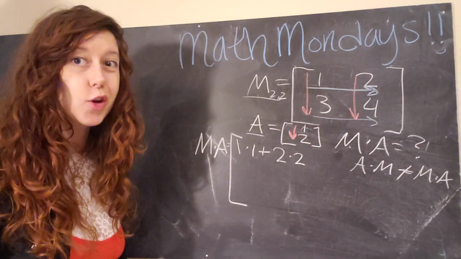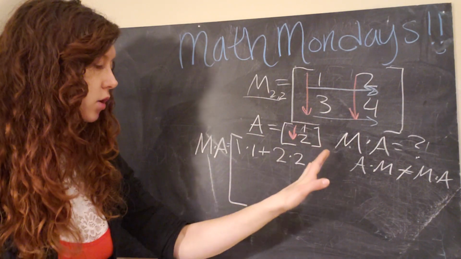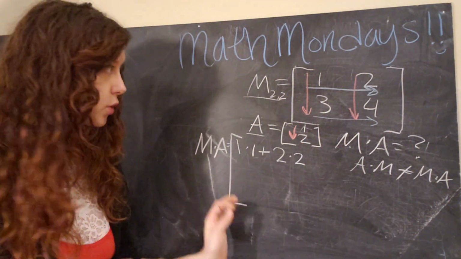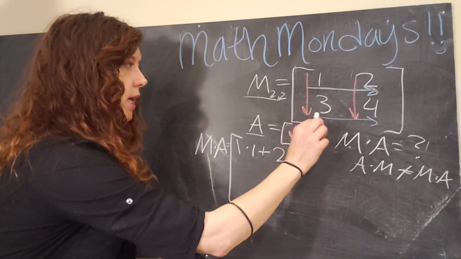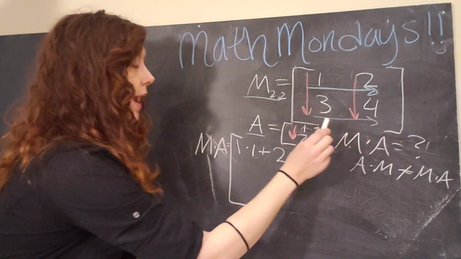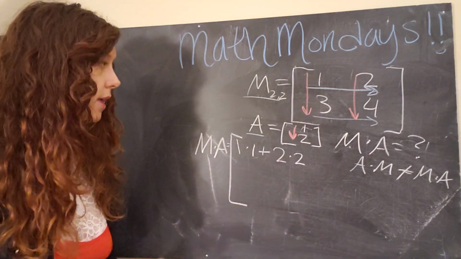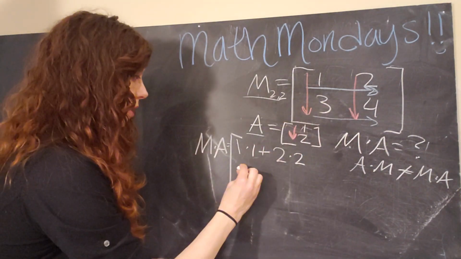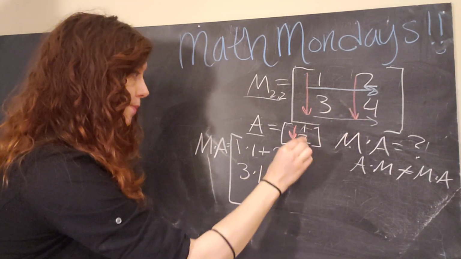If there was another column, then I would multiply this first row by that second column. But that's all there is for now. We'll do a harder example in a second. And then I take the second row and I multiply it by the columns. And I do the same thing that I did in the first row. So I do 3 times 1 plus 4 times 2.